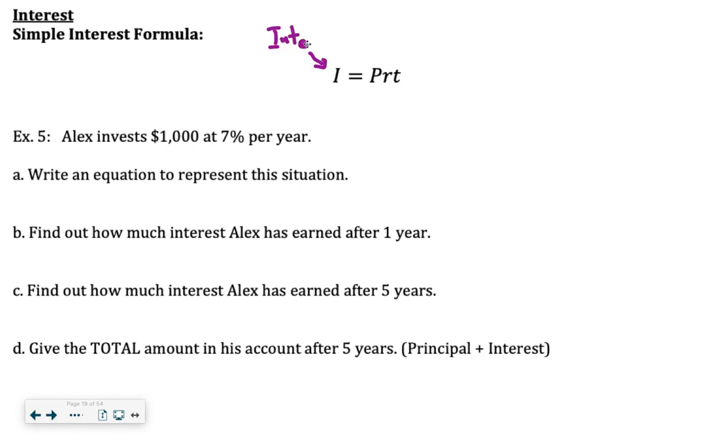The P stands for principal. Principal is the amount that you start with. R is the rate. And T is time.